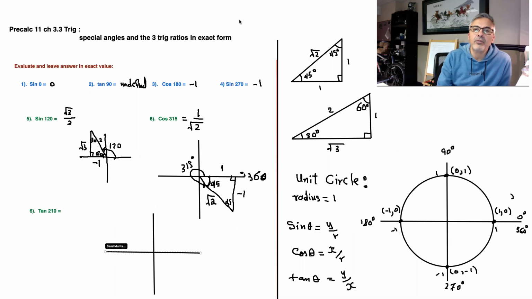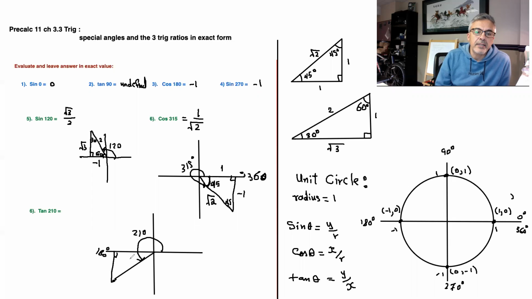And if you're looking at 210, it's going to be in this quadrant right here. From here all the way around past 180 degrees is 210. And again, drive a vertical.